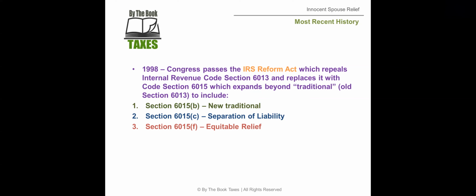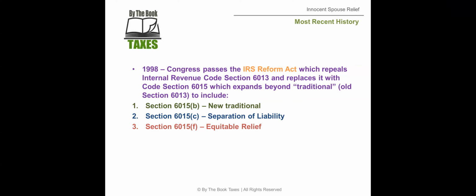Congress passed the IRS Reform Act, which got rid of old Internal Revenue Code section 6013 and replaced it with the new code section 6015, which expanded innocent spouse and gave two additional relief requests or filing options.